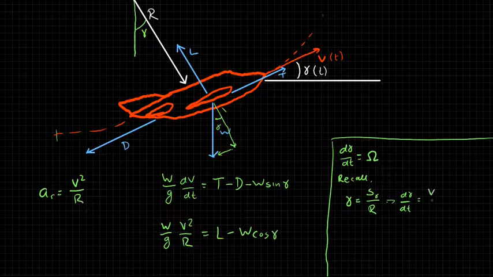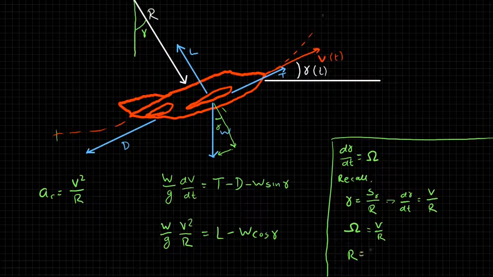So we have velocity divided by R. And we call d gamma dt omega, so we can rearrange this equation to give us an expression for omega. So omega, which is d gamma dt, equals V over R. And if we rearrange this to solve for R, then we get R equals V divided by omega. Okay?